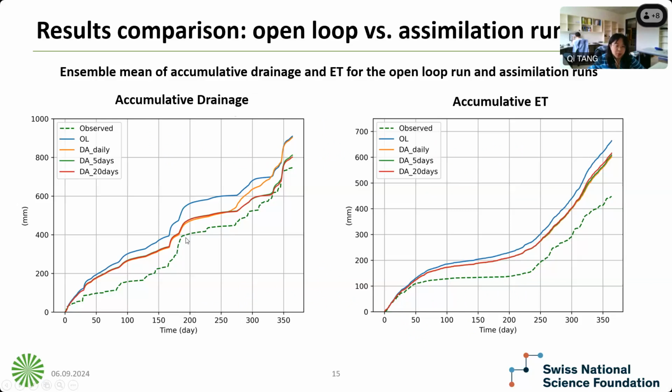If we compare the open loop with the update by data assimilation, for example, update per 5 days and 20 days, the cumulative error is highly reduced, let's say 50% reduced, especially for drainage. For evapotranspiration, the reduction is a bit smaller, but still we see quite a bit of improvement.